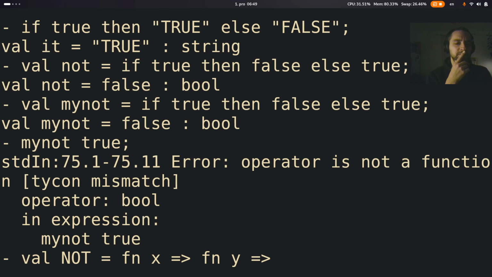Yeah. I keep on defining the true, and val not is what? It's just the true. Not true.